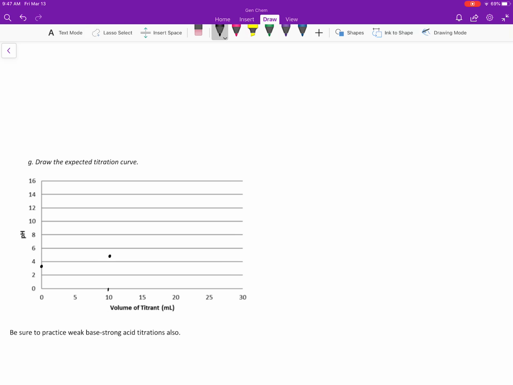I had a volume of about 16.8, which is nearly 17. The pH at that point was 8.75. So these are really rough estimates. And then at 20 milliliters, the very last one, the pH was all the way up to 12. Okay, so rough estimates, where VEQ is right here.